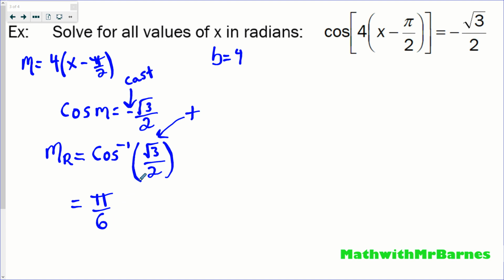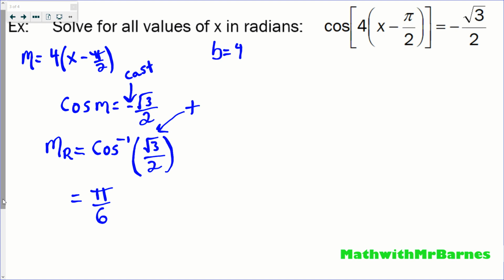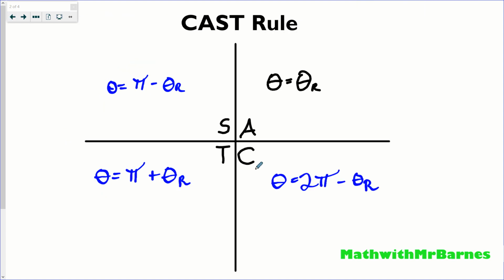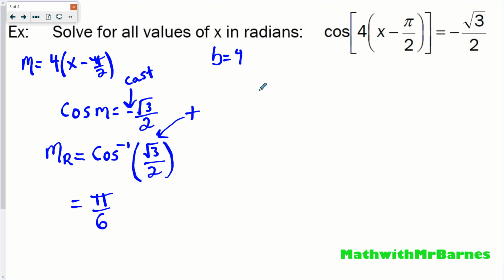Now I can go to my quadrants to find my values of m. Looking at the CAST rule, I'm looking for where cos is negative. Cos is positive in quadrant 4, and cos is positive in quadrant 1, so it's in quadrants 2 and 3 where cos is negative. My rule for quadrant 2 is m.